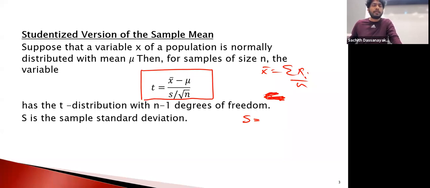Do you remember that equation? I think I remember. Let me check. It is the square root of summation of xi minus x bar squared divided by n minus 1. This is how we find it, in chapter 3 or 2, maybe. So simply you can find this.